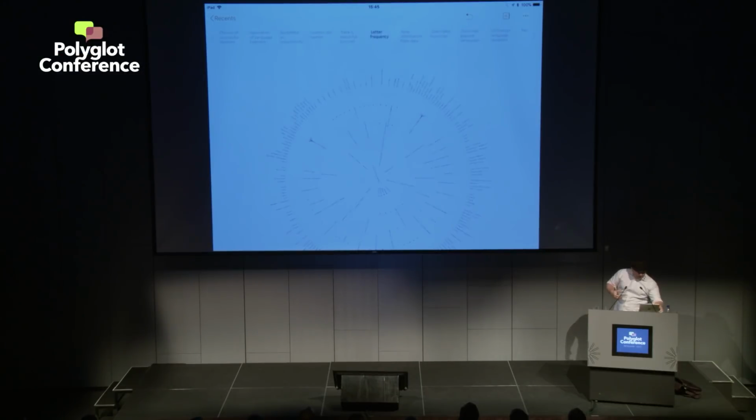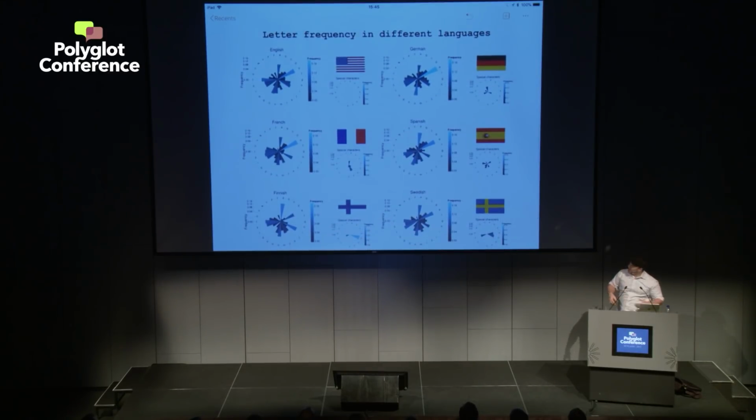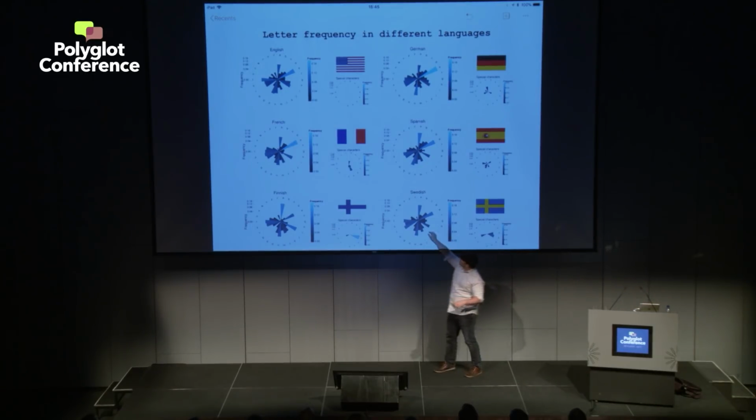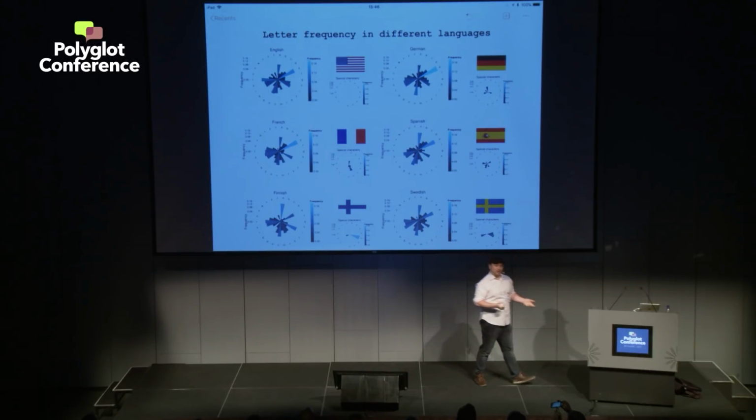So sometimes it's not just about getting the right information, but presenting it in a way that is striking somehow. Another example is, this is one I found someone else did, of letter frequency. I like what they did here. You've got these really cool bars coming out showing you how deeply out they go, which represents how much one letter comes up in comparison to other letters.